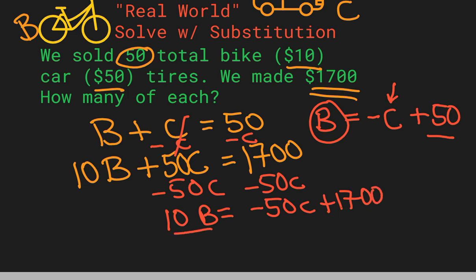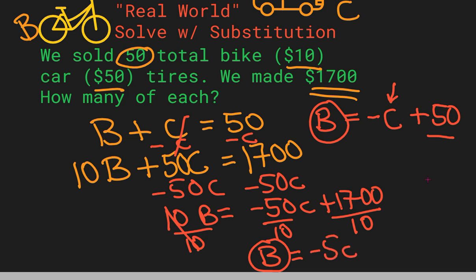And I'm going to divide 10 into both sides, dividing it into each term. And we end with b equals, see that? B equals negative 5c plus, remember when you're dividing, you can cancel zeros, 170.